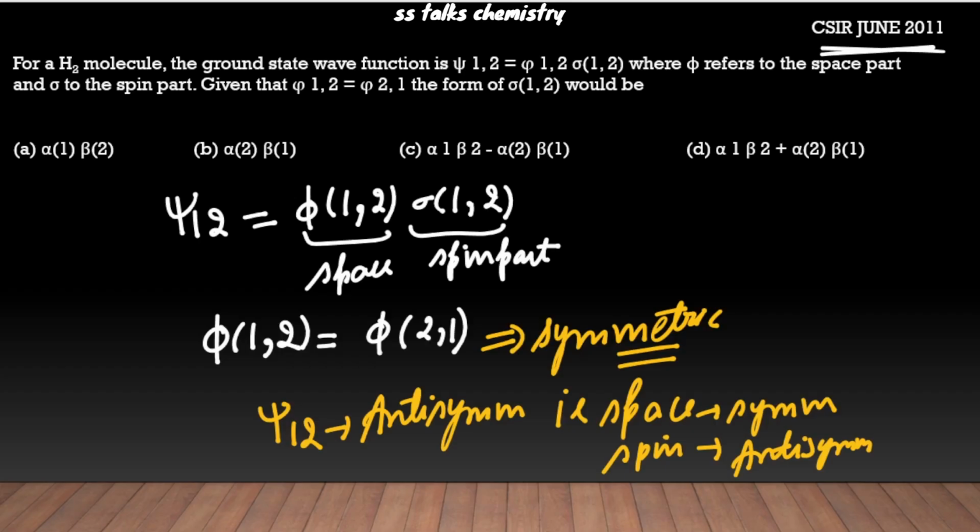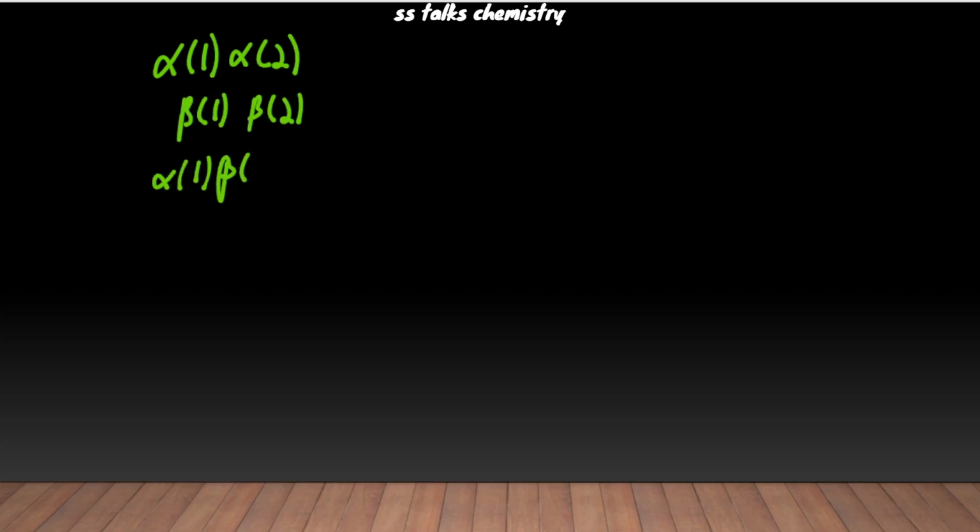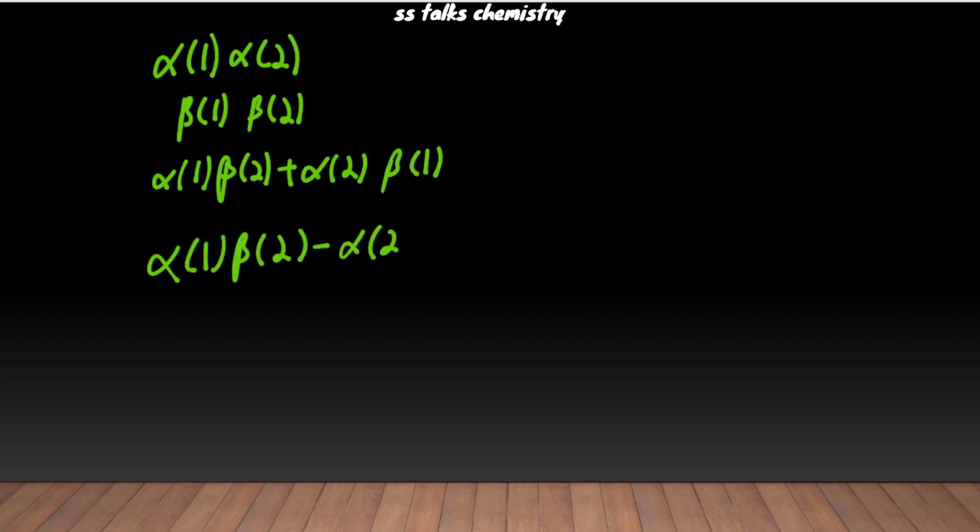So we have different conditions where you find these values. We take the spin part as alpha 1 alpha 2, beta 1 beta 2, and alpha 1 beta 2 plus alpha 2 beta 1. And the fourth one, the spin part, is alpha 1 beta 2 minus alpha 2 beta 1.